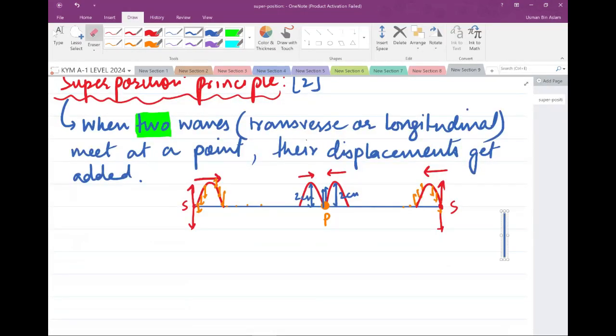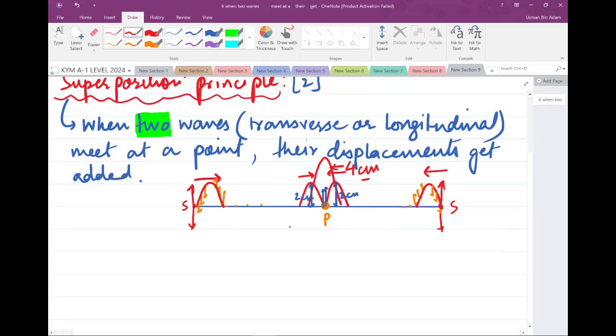So that's basically the superposition. When two waves act to move the particle in the same direction, the resultant amplitude gets added to give you a bigger amplitude of a wave. I'll show you what the resultant is going to look like. The resultant will have a 4 centimeter deflection vertically upwards.